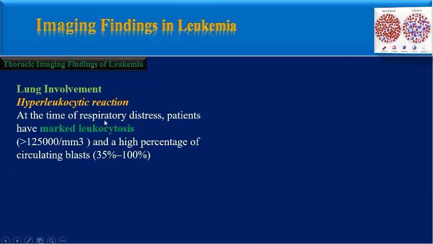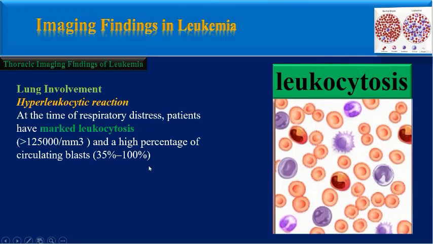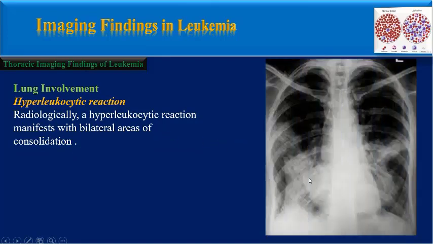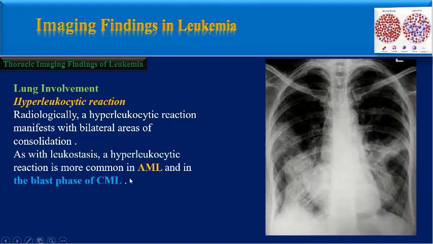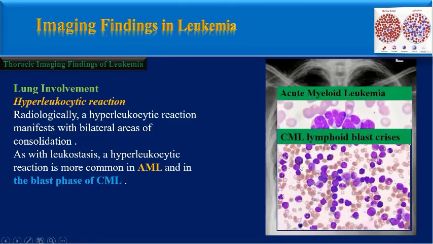At the time of respiratory distress, patients have marked leukocytosis beyond 125,000 per cubic millimeter and a high percentage of circulating blasts, about 35 to 100%. Radiographically, it manifests with bilateral areas of consolidation. As with leukostasis, it is more common in AML and in the blast phase of CML.